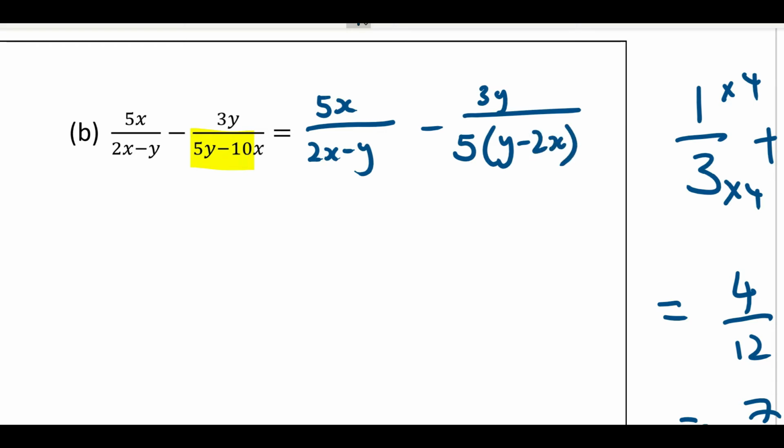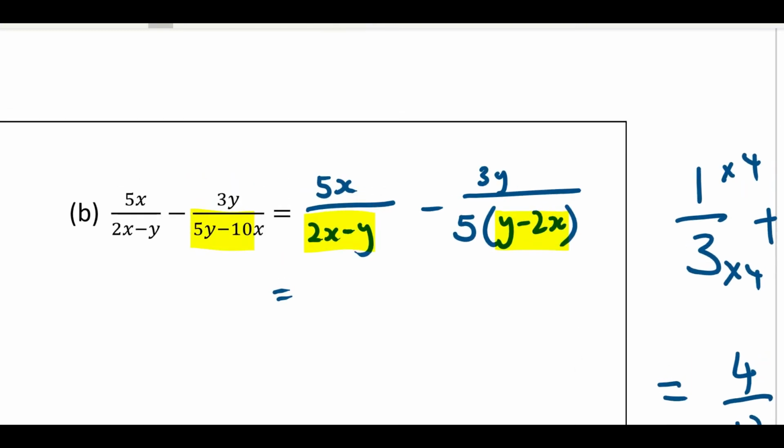Now, they are related. 2x minus y and y minus 2x, they are related. Since Sec 1 from this factorization by grouping, we know we can change the y minus 2x. If I want to change it to 2x minus y, what must be in front? There must be a negative sign, right? Then they are mathematically equal. We always change the behind fraction.